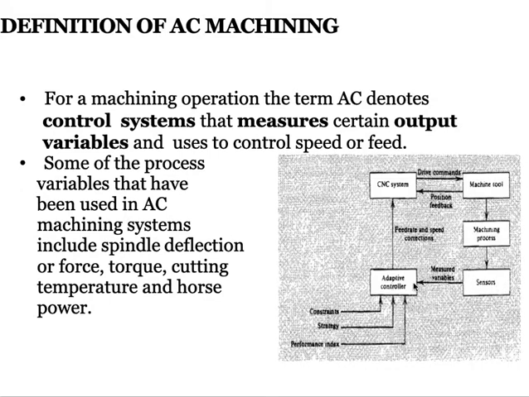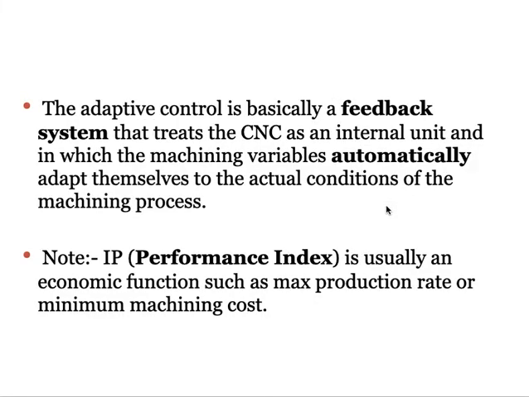Again it gives feedback to the adaptive control, which customizes a strategy and performance index, and forwards it to the CNC system to operate. So the adaptive control is basically a feedback system that treats the CNC as the internal unit, and in which machining variables automatically adapt themselves to actual conditions of the machining process.